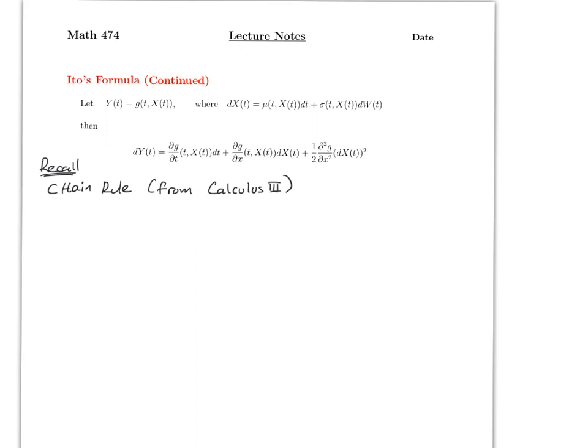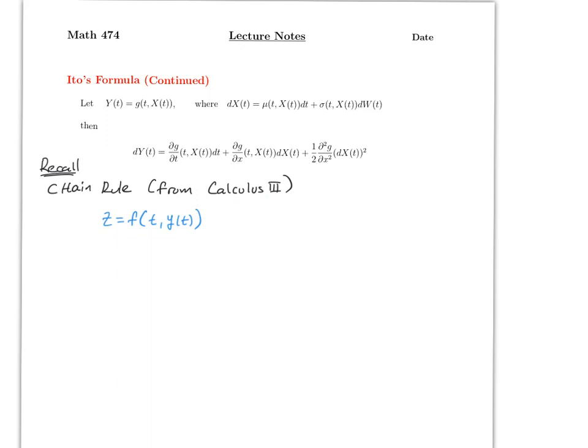So let's say that z is a function that depends on two variables, t and y of t, where clearly y depends also on t. And here there is no randomness at all. This is just calculus 3.